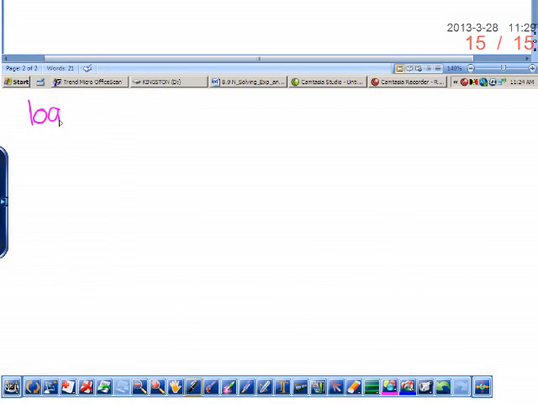I want you to think about log base 7 of x. Anytime your base of your log is bigger than 1, remember that that has a shape that goes through the point 1, 0 and looks like that. Does everyone agree with that? Okay, that graph is increasing or decreasing? Increasing. That graph is always increasing.